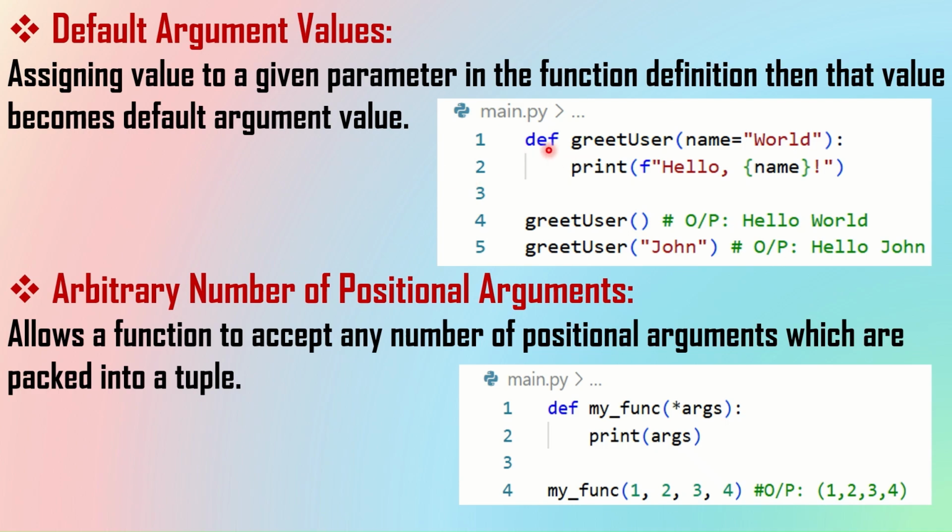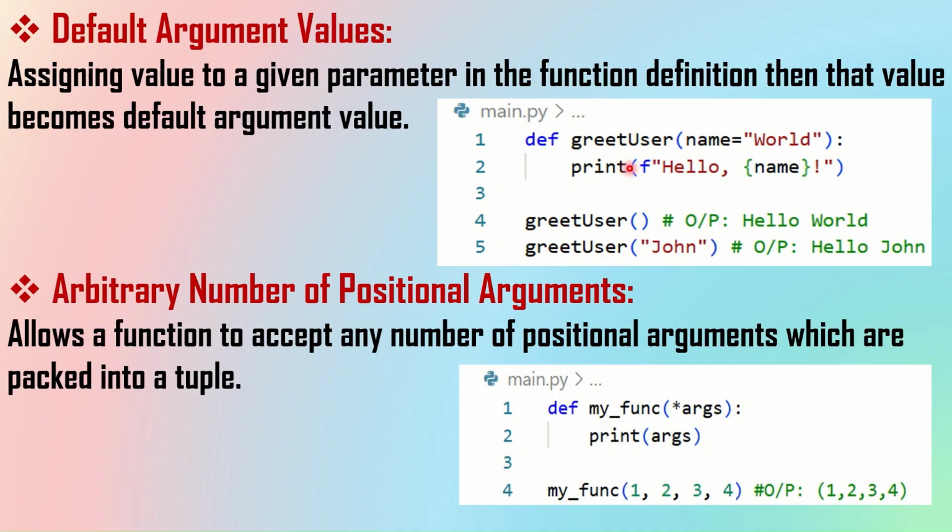Here, if you can see this example, I have defined one function named greet_user. I don't want to pass the argument from the function call, so I have defined one parameter, name equals world, in the function definition itself, allocating the value to this parameter.